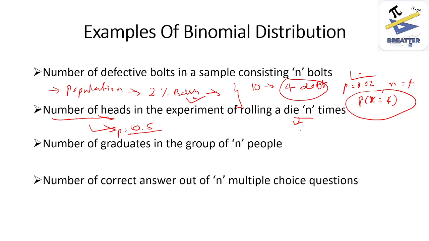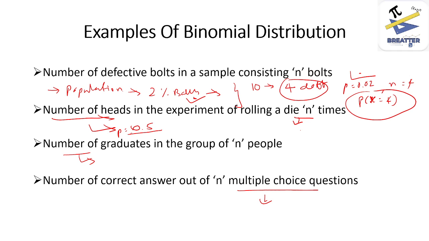Now, the number of graduates in a group of n people. The number of graduates varies in different regions, so it also follows a binomial distribution. The number of correct answers out of n multiple choice questions also has a binomial distribution. How? Out of 4 options, 1 option is correct, or out of 5 options, 1 is correct. That means all the trials have the same probability and the number of trials is fixed, that is n.